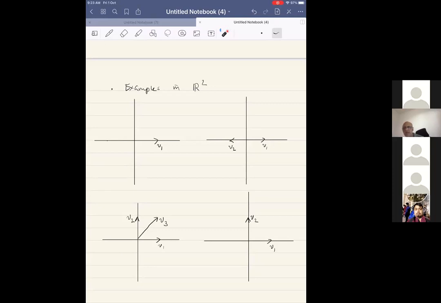But for others, I want you to take our definition of linear independence and ask yourself which of these is linearly independent, decide, and then be ready to justify your answer. I'll give you a little time to think.